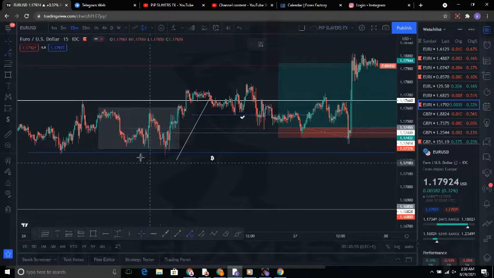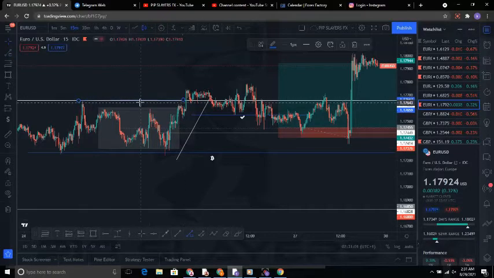And of course, you are aware this breaks the structure, and then we have the break of market structure.